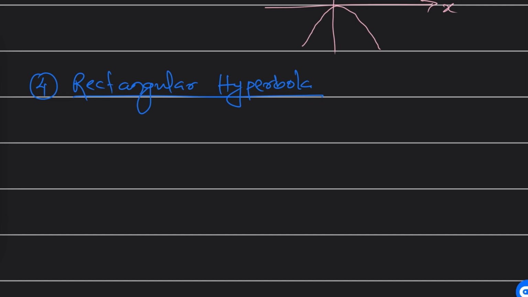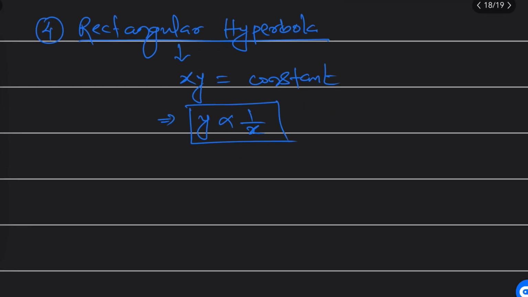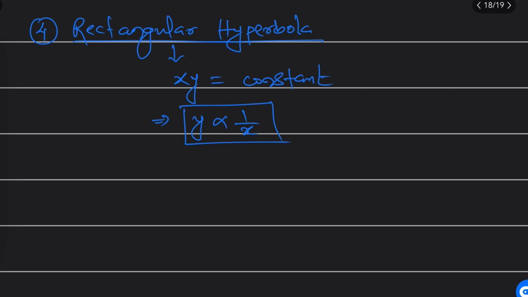The standard equation of the rectangular hyperbola, let me write this: xy is equal to a constant, or you can say y is inversely proportional to x. Whenever something is inversely proportional to another thing, the graph will definitely look like this, and we call that graph a rectangular hyperbola.